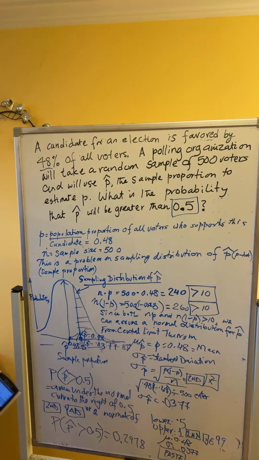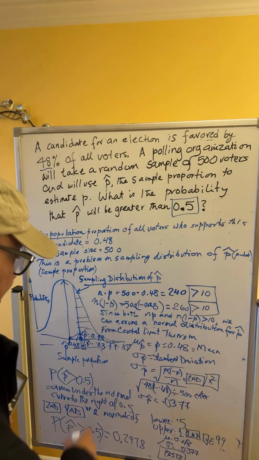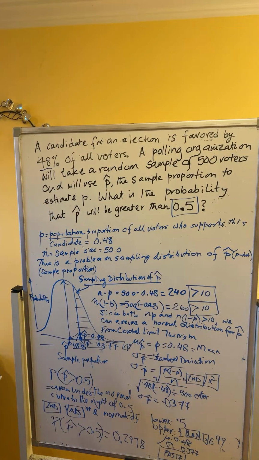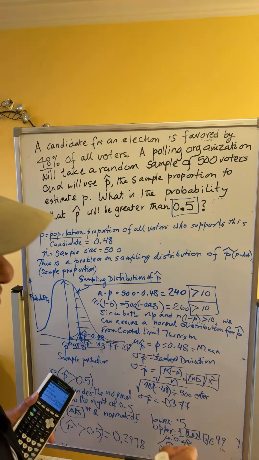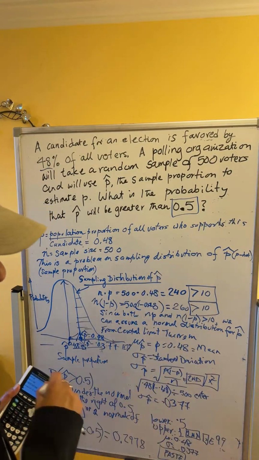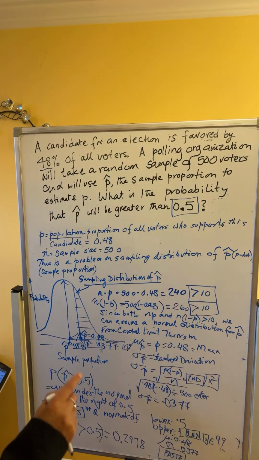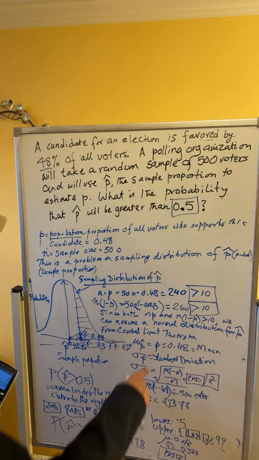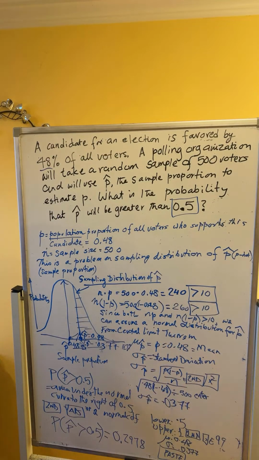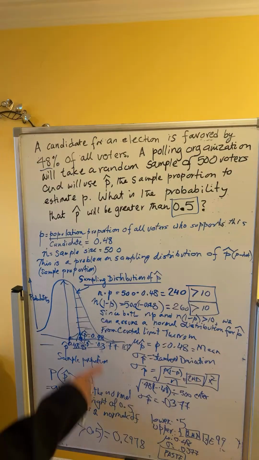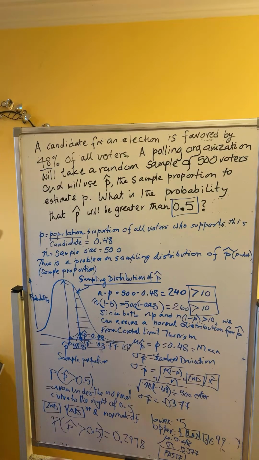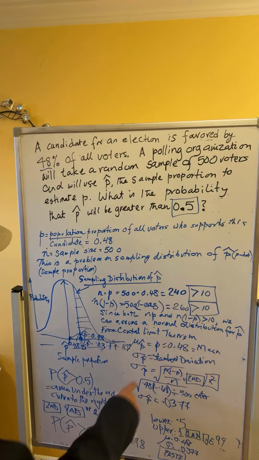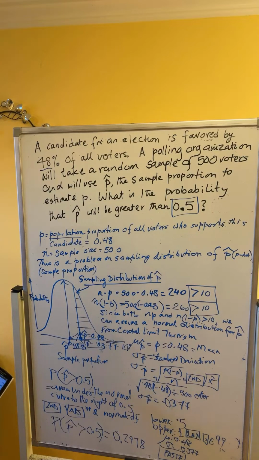And then we will use the central limit theorem for sample proportion, which states that the center of the bell-shaped distribution, sampling distribution of P hat, is mu P hat equal to the population proportion 0.48, that is the mean, and sigma P hat, the standard deviation of the sampling distribution, is square root of P times 1 minus P divided by n. How do we get the square root?